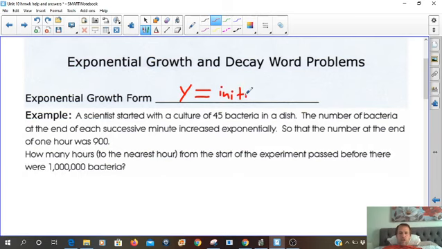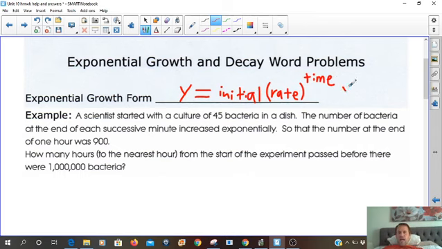So your initial amount of bacteria or people or whatever, and then times whatever your rate is, your initial rate that they give you, and then to the time. Awesome. And so you kind of have to work with that, and usually you have to do it twice to project onto the next thing that they want you to project.